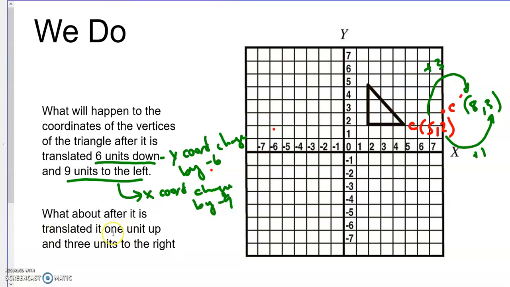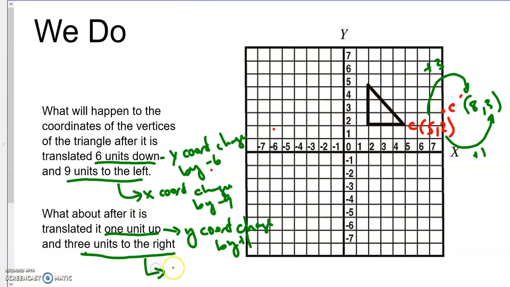Same thing down here. 1 unit up. Up is the y direction, so the y coordinate will change by +1. Up is positive in the y-axis. And 3 units to the right means the x coordinate will change by +3.